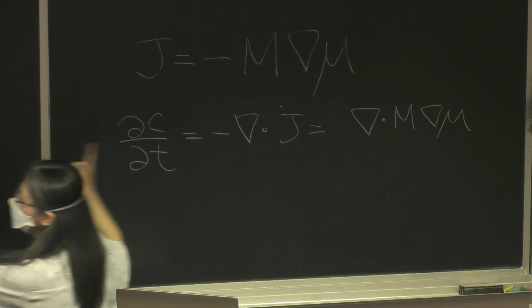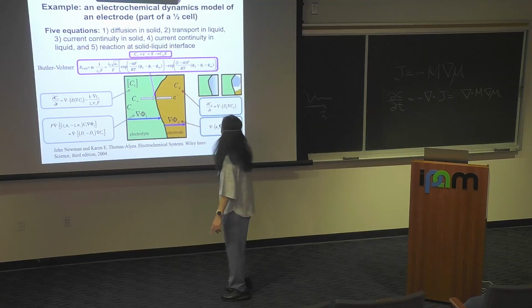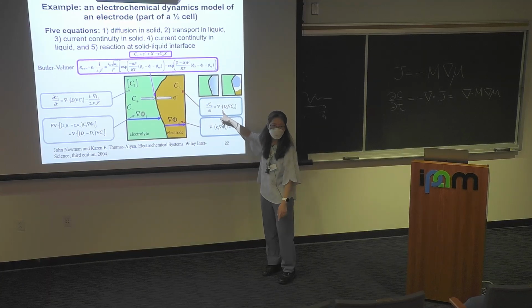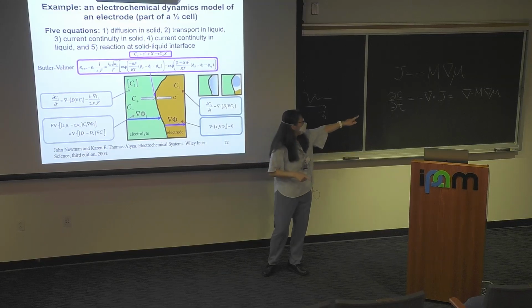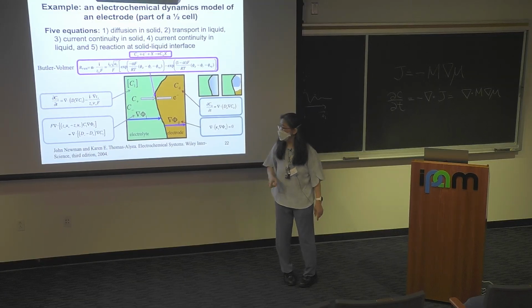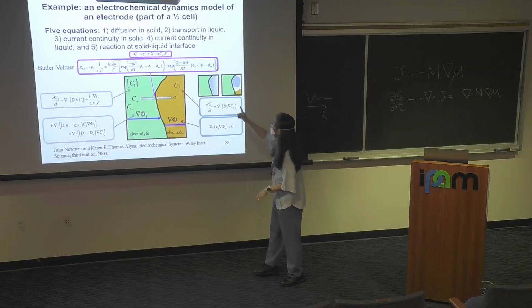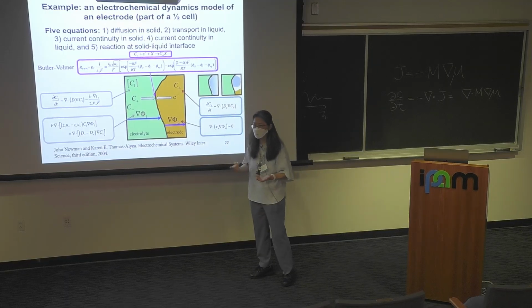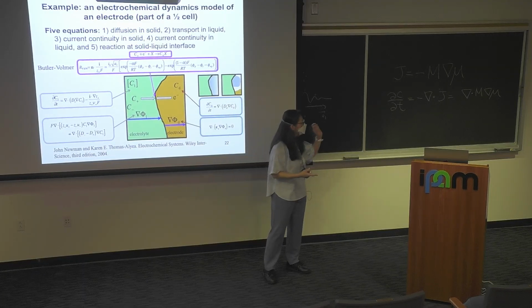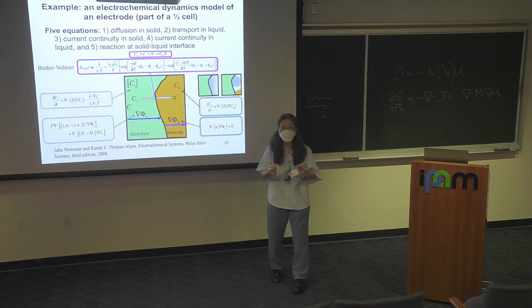So it's just like this, but replacing diffusivity with mobility and the concentration with the chemical potential. And that would actually model either case because it's generalized. Chemical potential knows that that's the free energy of the system.